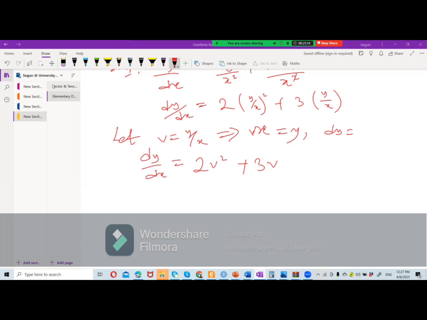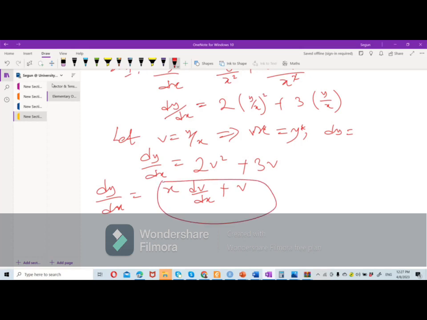Remember that our dy/dx from here will give us x dv/dx plus v. So, which means if I have x dv/dx plus v, I can substitute the entire one into where I have, let's call this equation 1.